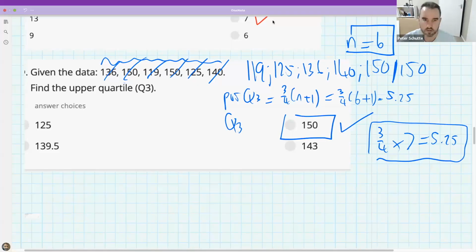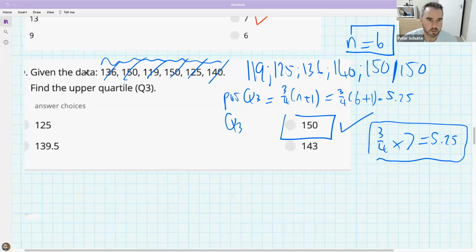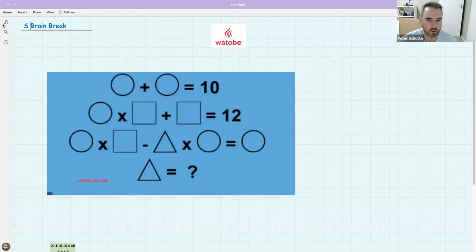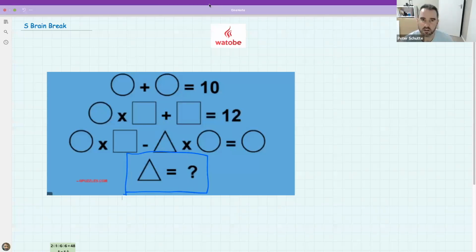Let's just do one little puzzle before I, why is my screen going crazy? Here is your brain break for today. What is a triangle worth in this context? And you can let me know in the chat what you think is the answer.